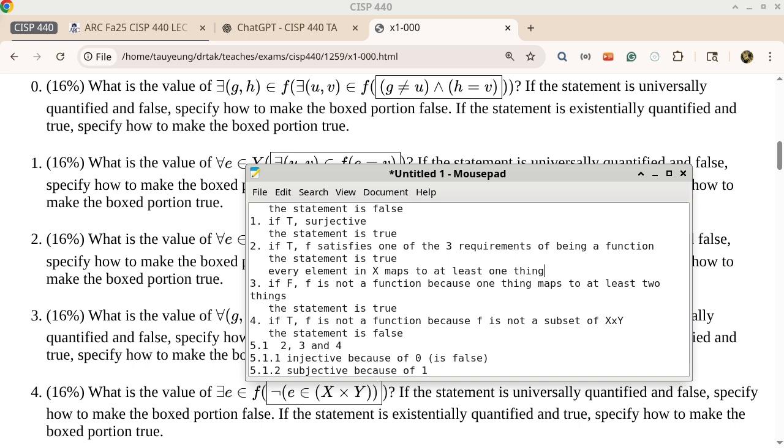Number two is missing two things because it's not checking whether the element is mapping to something in Y. It doesn't specify Y. It also doesn't specify it has to map to one and only one thing in Y. So it's missing two things.